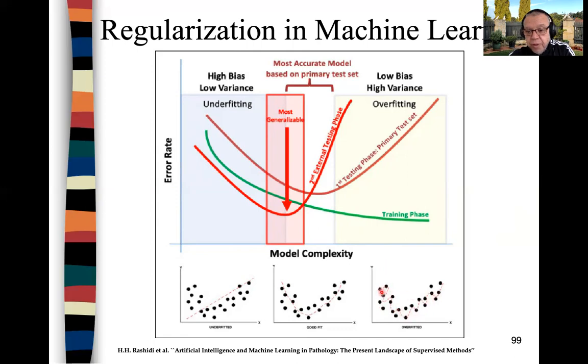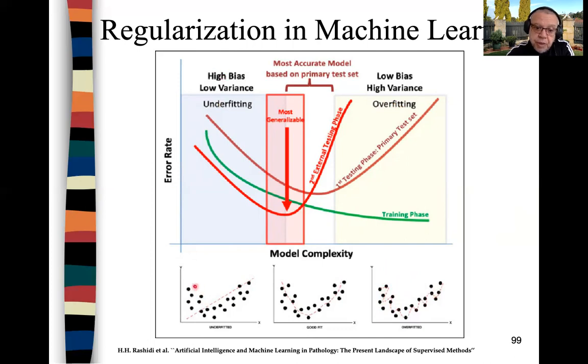In this case, you're overfitting. You're fitting every point. And we'll link this also to the bias and the variance.